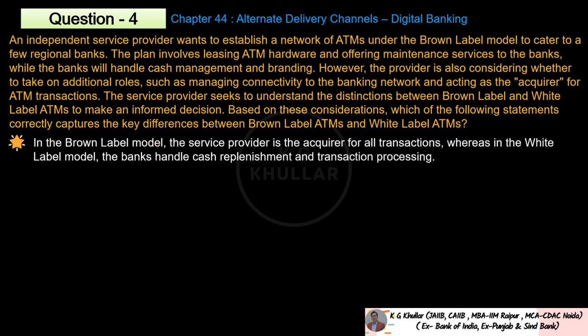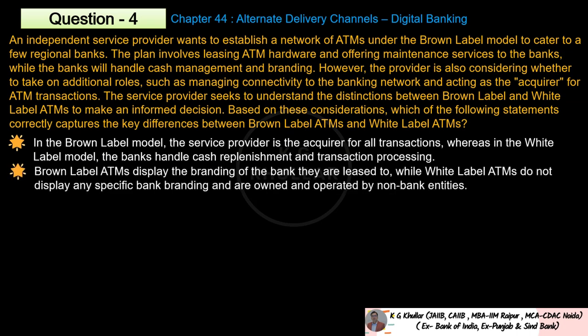That is, first option A is, in the brown label model, the service provider is the acquirer for all transactions, whereas in the white label model, the bank handles cash replenishment and transaction processing. Then second option B is, brown label ATMs display the branding of the bank they are leased to, while white label ATMs do not display any specific branding and are owned and operated by non-bank entities.